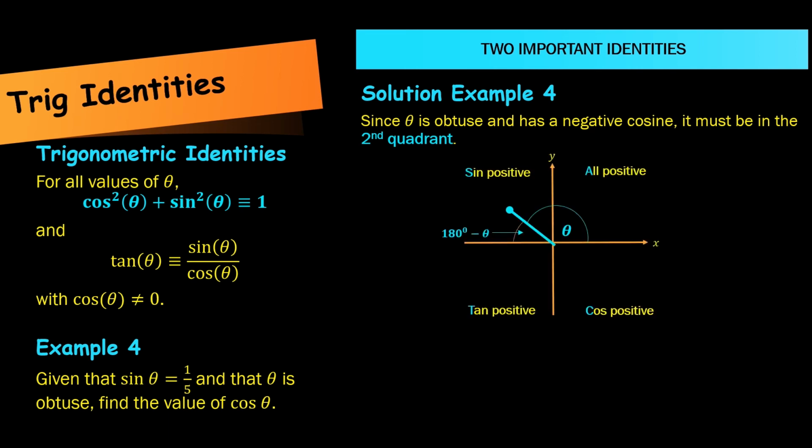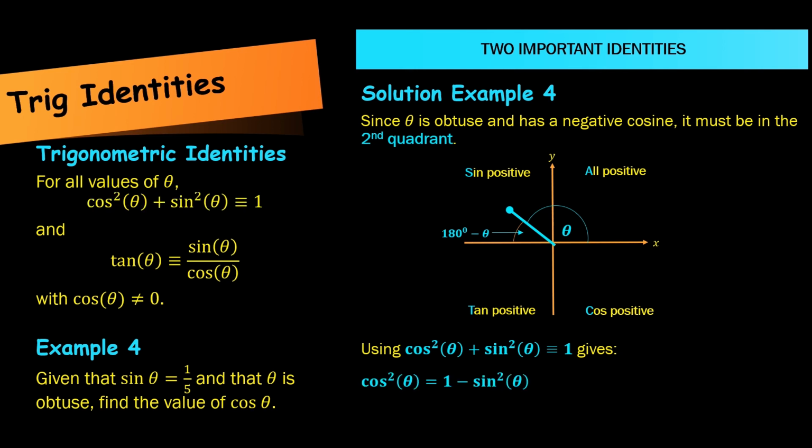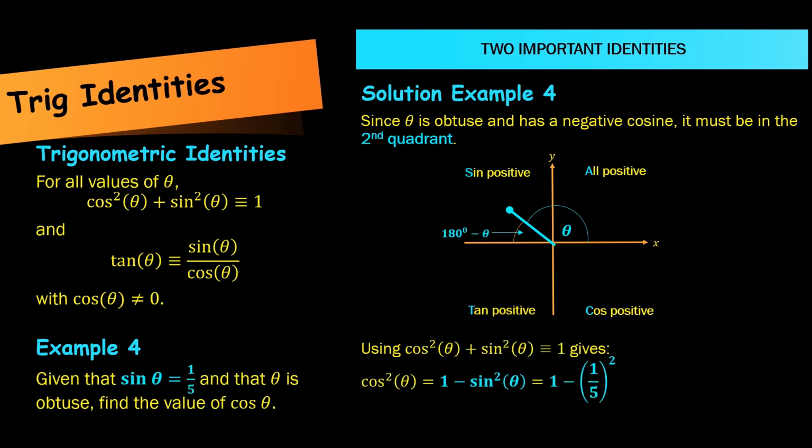And of course, the little angle that you can see is 180 degrees minus theta. We're going to use the identity cos squared plus sine squared is identical to 1 to give cos squared equals 1 minus sine squared. And substituting in the value of sine theta equals 1 over 5 gives us that cos squared equals 24 over 25.